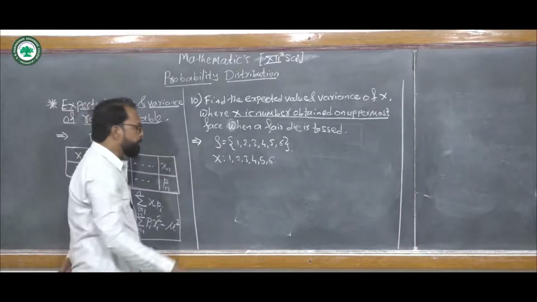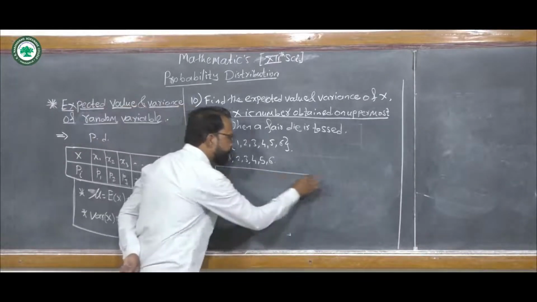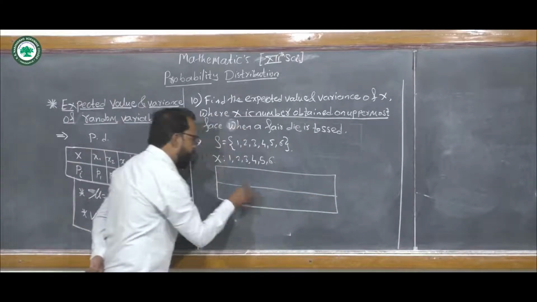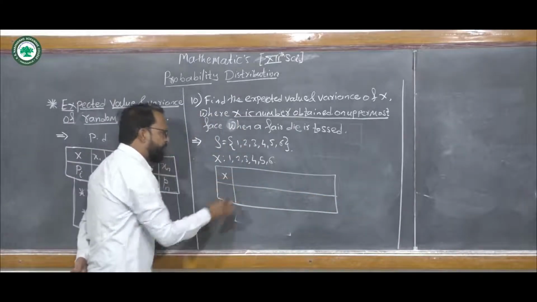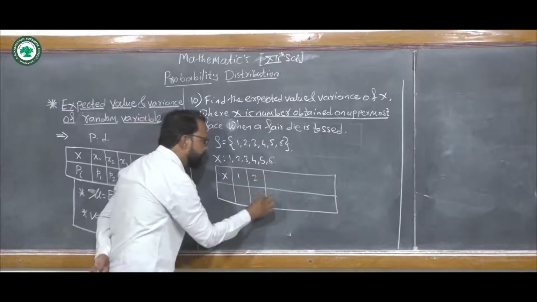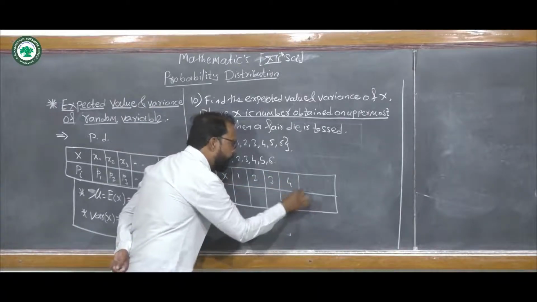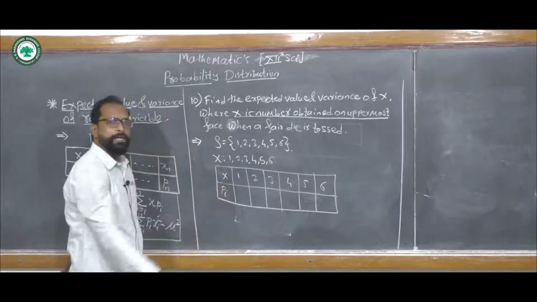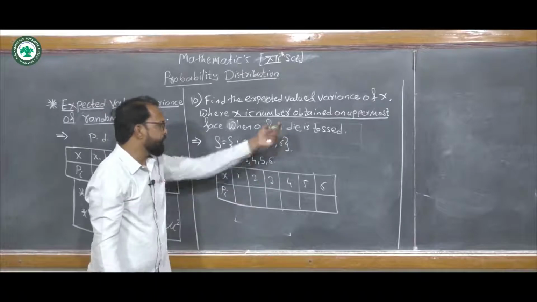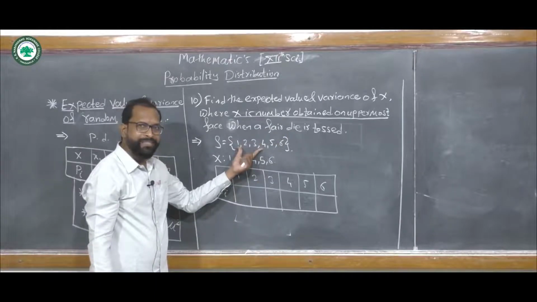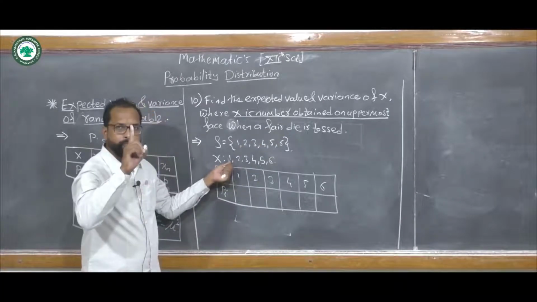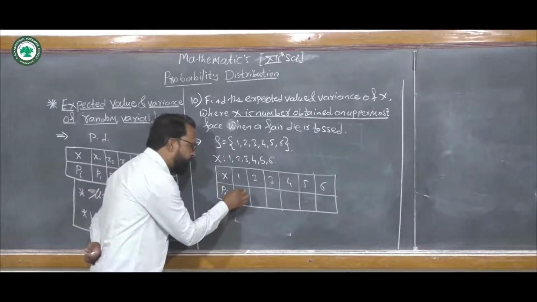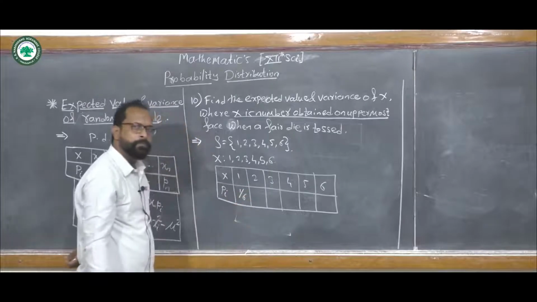So the probability distribution of the random variable x, which takes the values 1, 2, 3, 4, 5 and 6, has probabilities pi. There are a total of 6 outcomes, and each one appears once only. So the probability that x gets the value 1 is 1 upon 6.